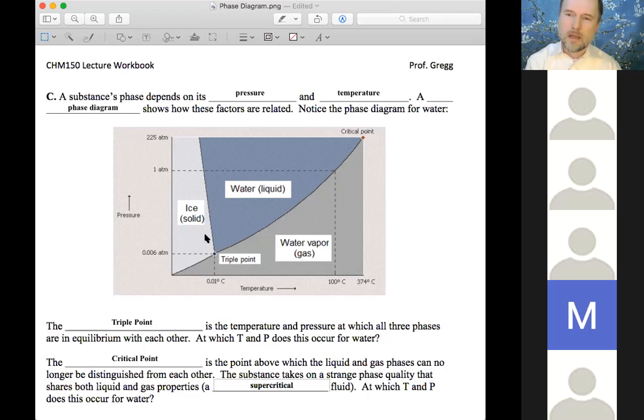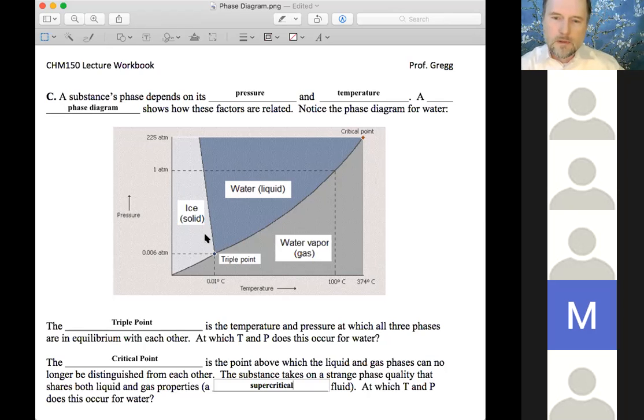Now, if you had a solid bar of gold, right, and you increased the pressure on it, increasing the pressure favors the smaller volume, right? Because as you increase pressure, you're trying to crush it down. So typically when you increase the pressure on a substance, it wants to solidify and become the most dense possible form, right? Because you're putting it under pressure and trying to reduce its volume.